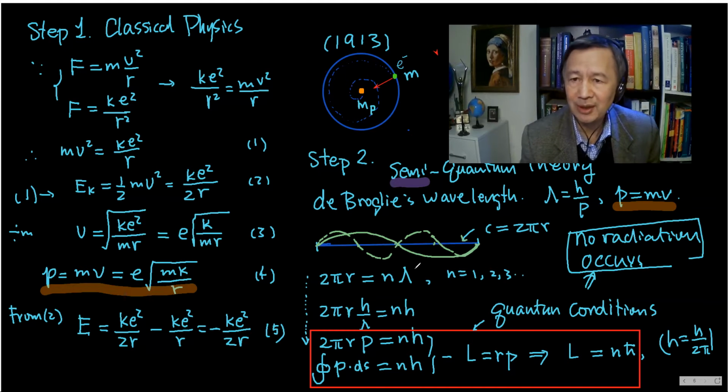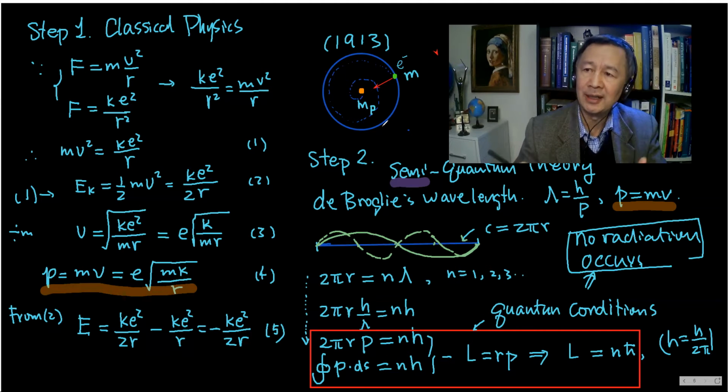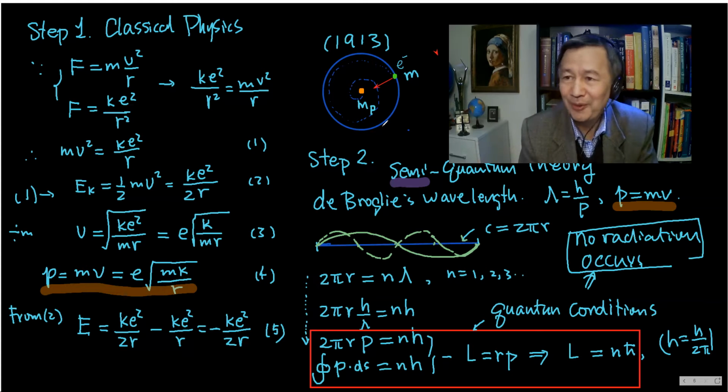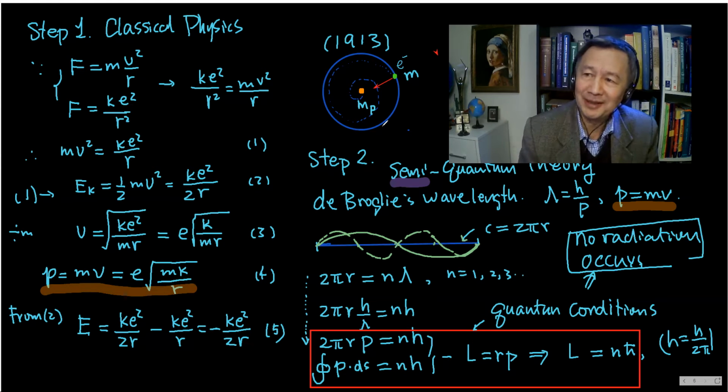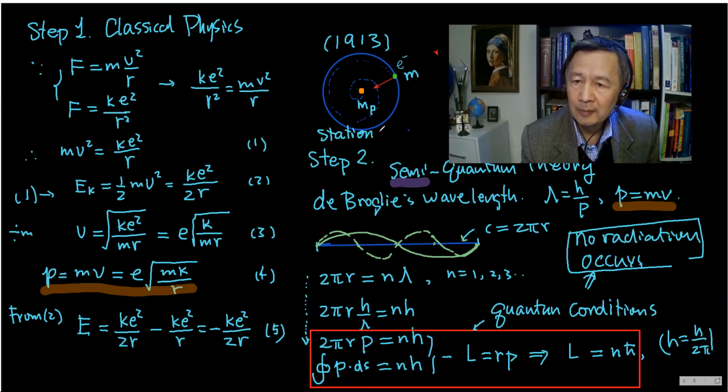That is what we call the stationary orbit. So Bohr's orbital is not any orbital, but those orbitals which satisfy his artificial, man-made condition, the so-called quantum condition. This orbit is called a stationary orbit, or stationary state, in which there is no emission.